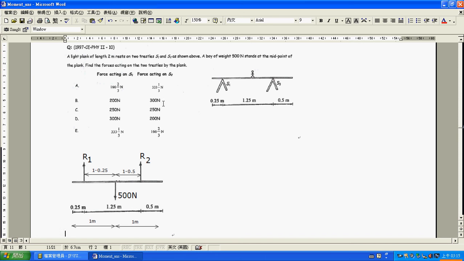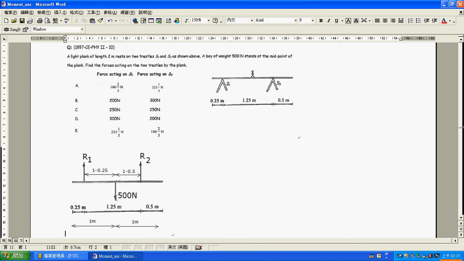Okay, now let's draw a free body diagram for this plank. Now we call the reaction provided by the trestle S1 R1, and that provided by the trestle S2 R2. So R1 is 0.25 meters from the end, and R2 is 0.5 meters from the end.